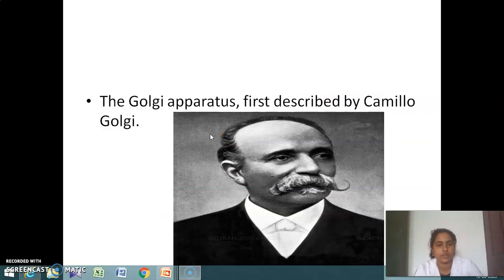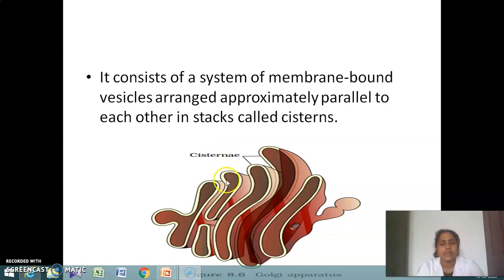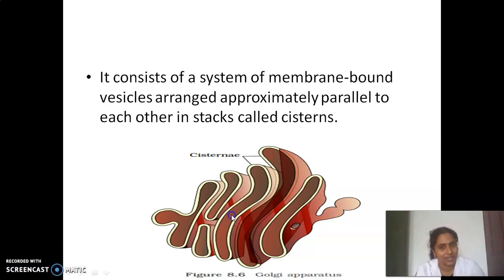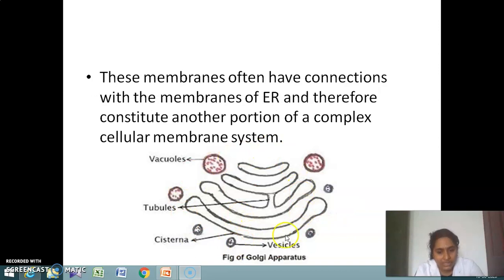The description about Camillo Golgi is given in our textbook. You just read it. Okay? It consists of a system of membrane-bound vesicles arranged approximately parallel to each other in stacks called cisterns in plural, cisterna in singular. Children, you should draw this particular diagram in your notebook.